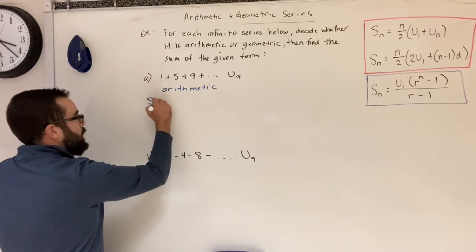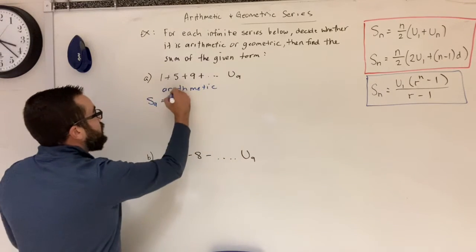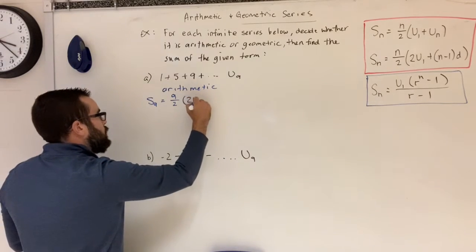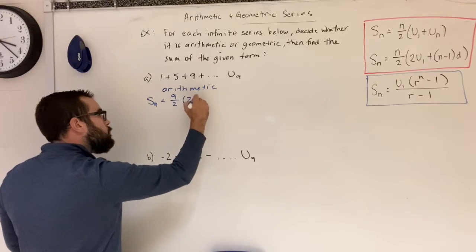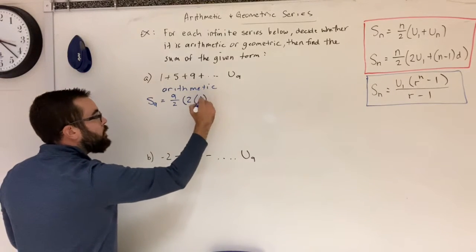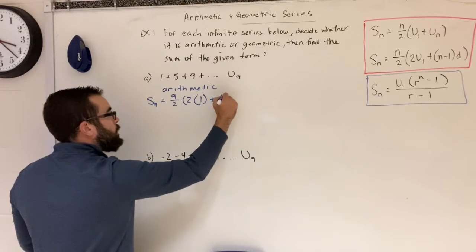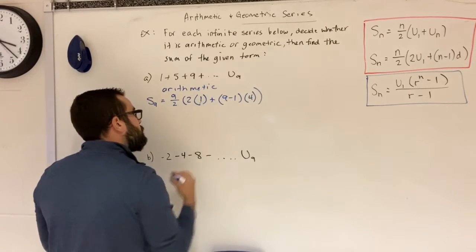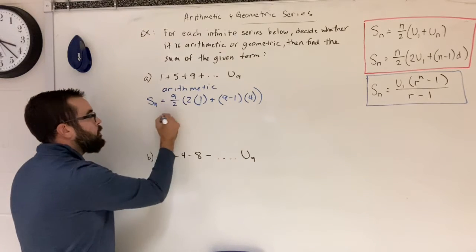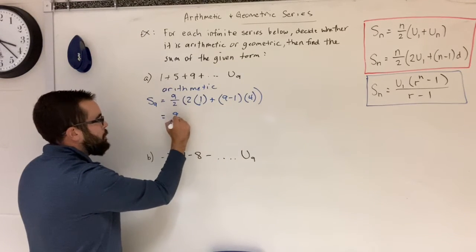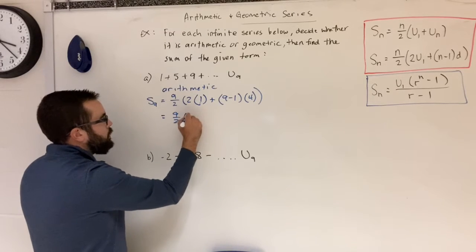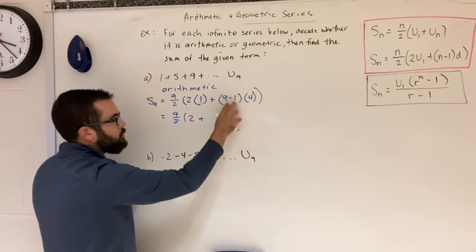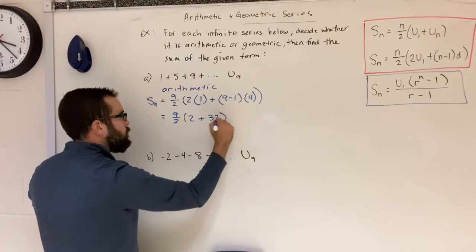So S sub 9 is equal to 9 divided by 2 times 2 times the first term, which is 1, plus 9 minus 1 times 4. All right, now I just got to do some simplifying. So 9 halves times 2 plus, this is 8 times 4 is 32.